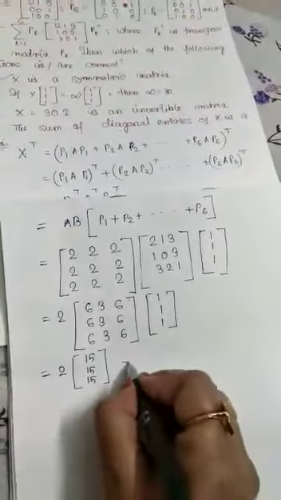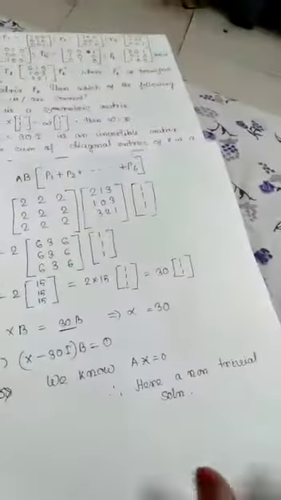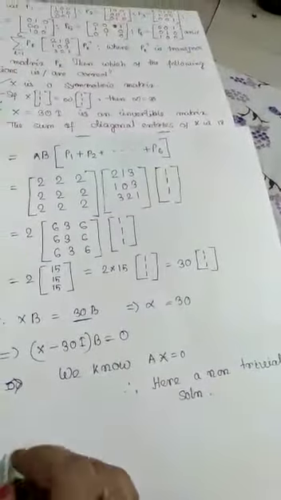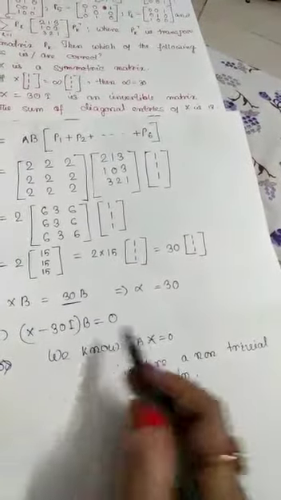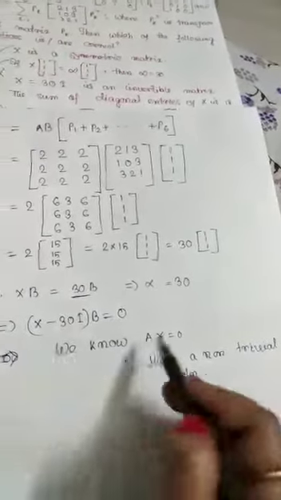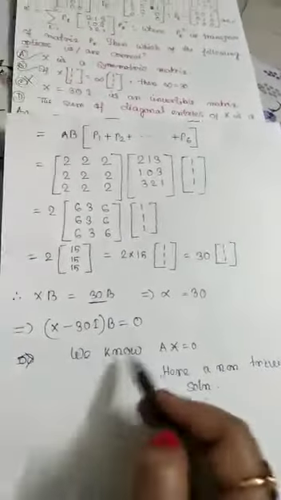Now getting to option D. Here one thing, B is acting as the eigenvector of X, okay, then it is clear for everybody.